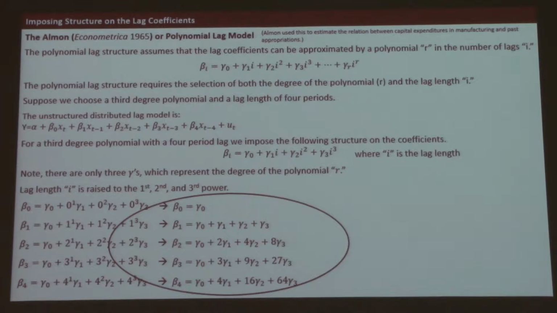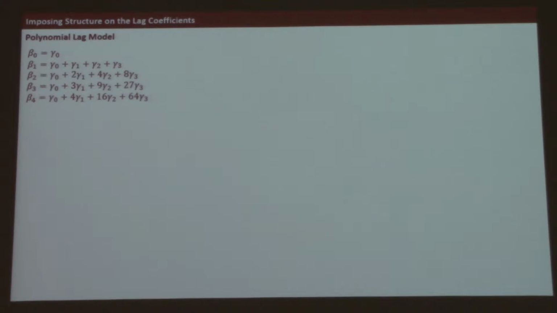Okay, so I'm going to switch slides, but I'm going to take that same slide and it's up there now. So that's that circle part we just finished. All right. Then we're going to substitute those back into our model.